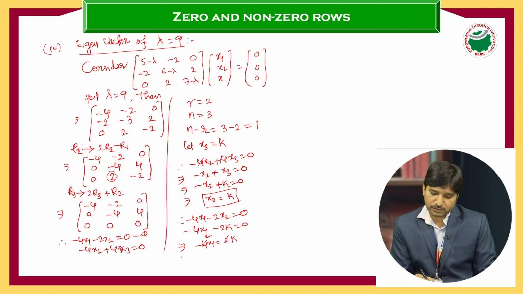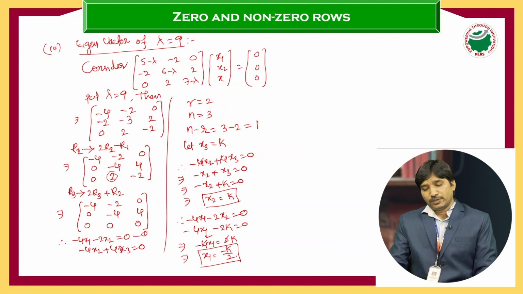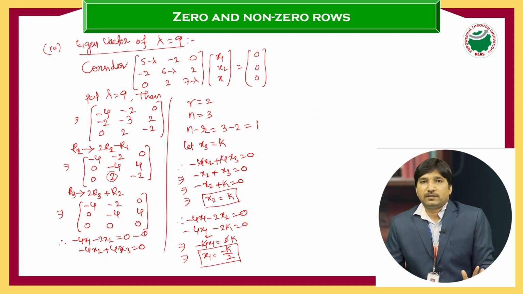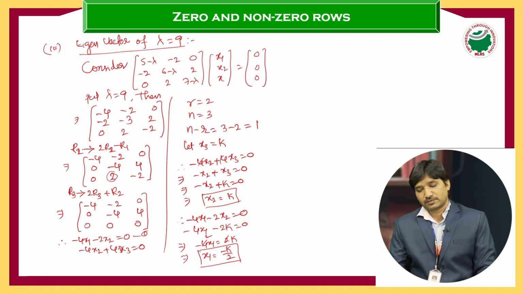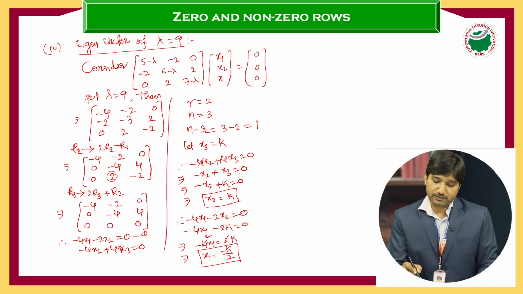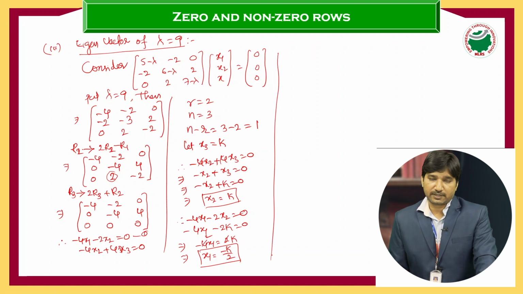Therefore x1 equal to minus k by 2. So the values are x1 equal to minus k by 2, x2 equal to k, and x3 equal to k. Therefore, we can write the eigenvector of the given eigenvalue 9.